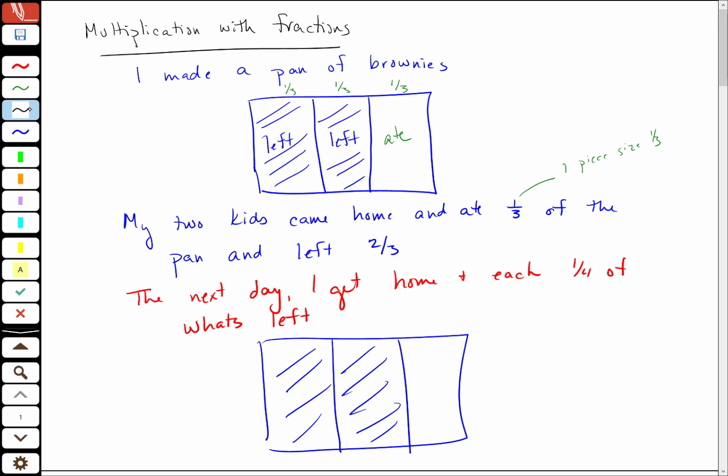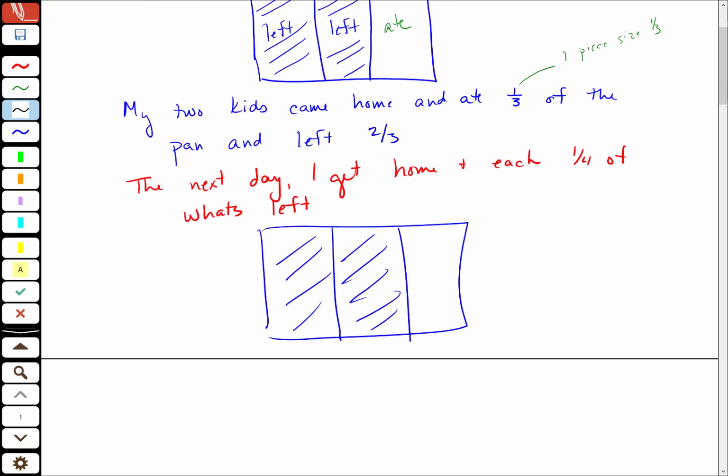So one of the ways that you could do this, I'm going to split what's left. So here's these 4 pieces, right? That's a fourth of what's left, a fourth of what's left, a fourth of what's left. And I'm going to eat this one.